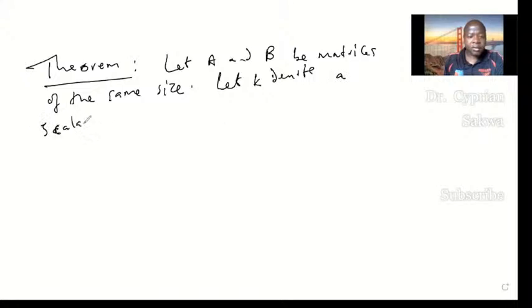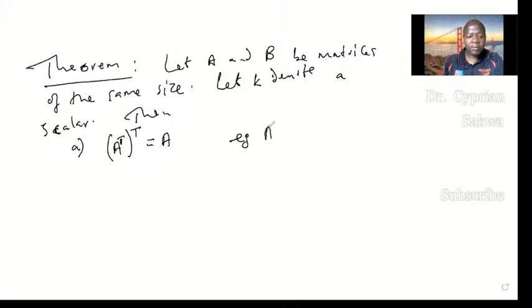Then part A of the theorem says that the transpose of A transpose will be A. And just before I continue, let me say what this means by giving an example.